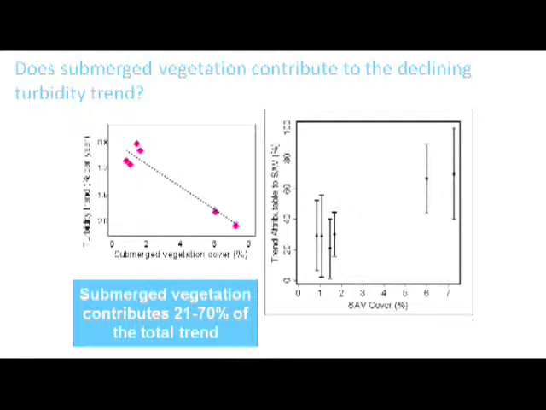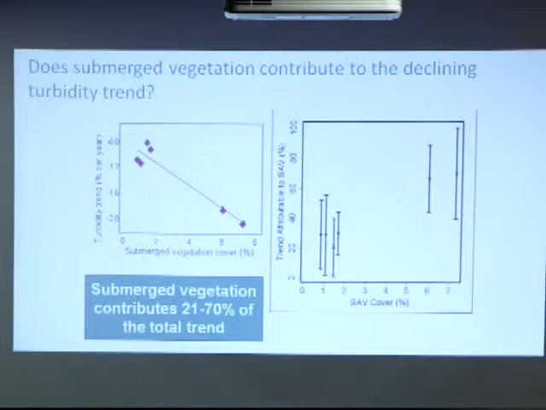But the part that can be associated with vegetation is maybe about 25% of the decline in turbidity at low plant cover, but it's more common where there's higher density of vegetation. So it contributes about 20 to 70% of the total trend in declining sediment, after it's been filtered for the source term.